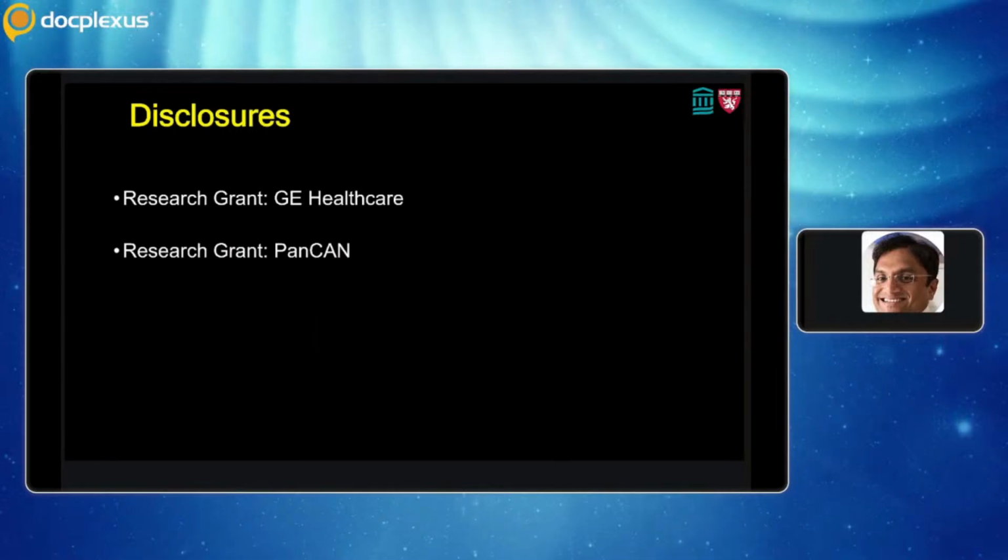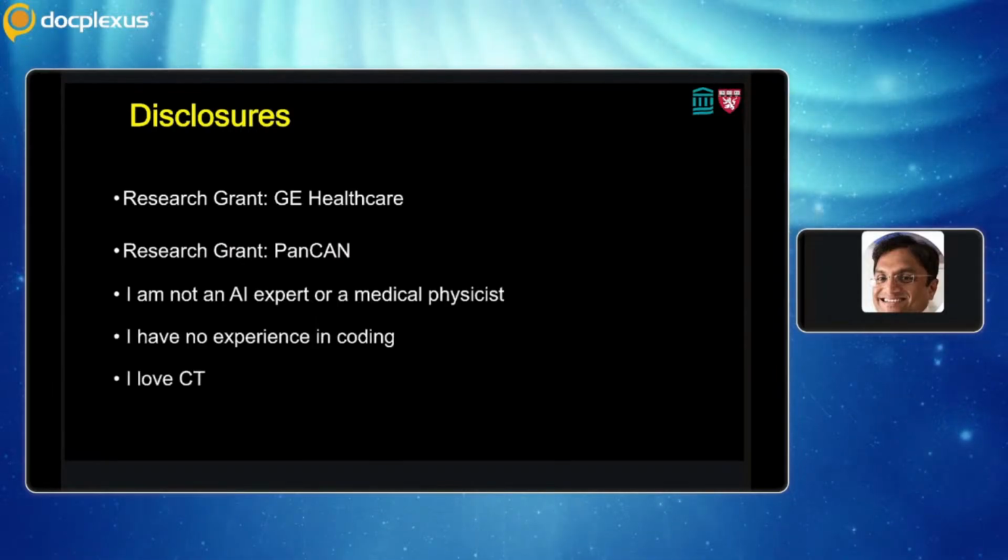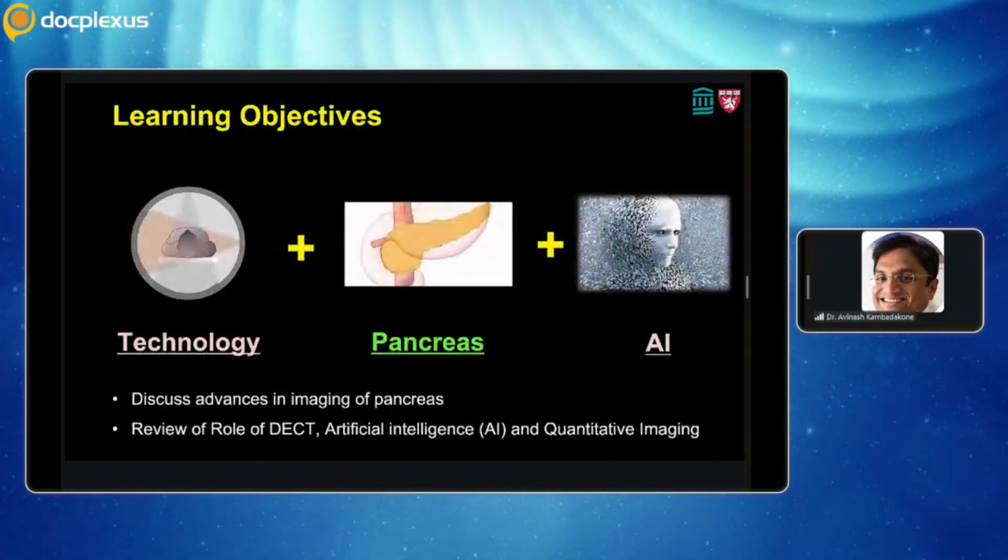I also have a couple of additional disclosures. I'm not an AI expert or a medical physicist. I have no experience in coding, but I love CT. So what I plan to do in the next 20 minutes is discuss the recent advances in CT in the realm of evaluation of the pancreas, focusing mostly on dual energy CT, artificial intelligence, and quantitative imaging.